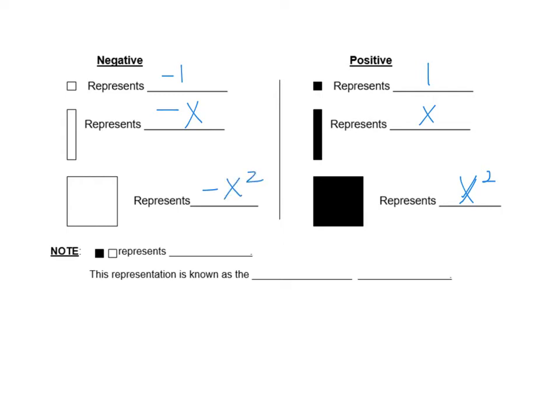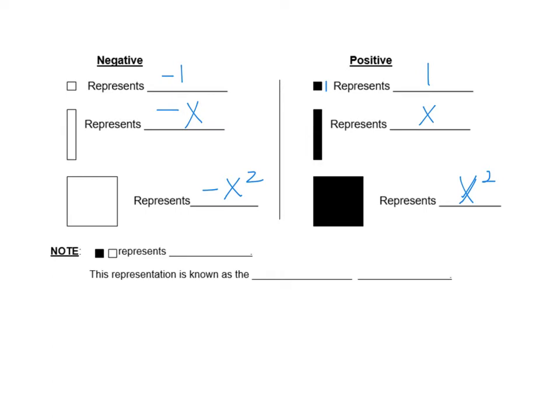And it might seem a little arbitrary as to how they've come up with this, but it does make a little sense. If you think of this square as having a side of 1, then the area of that little square is going to be 1 times 1, which is 1.